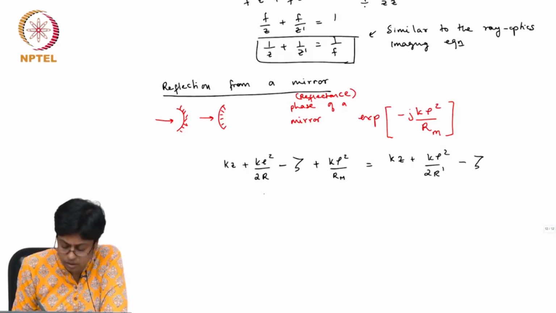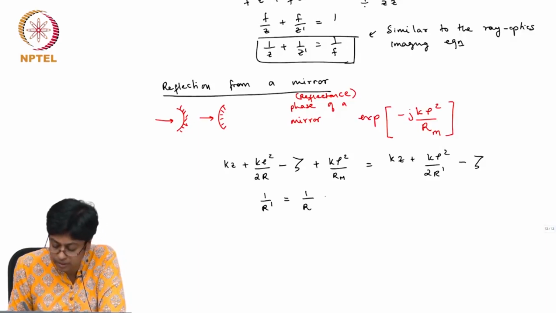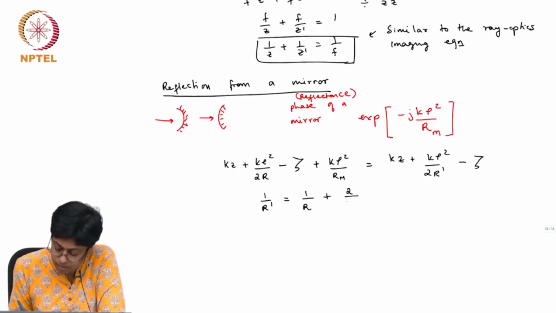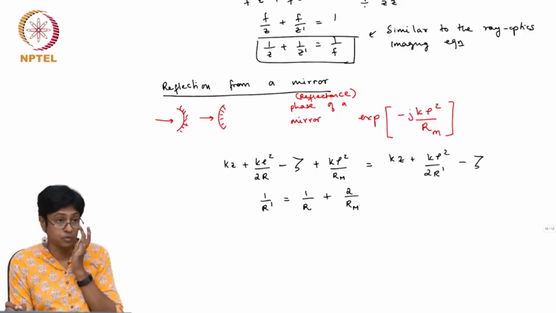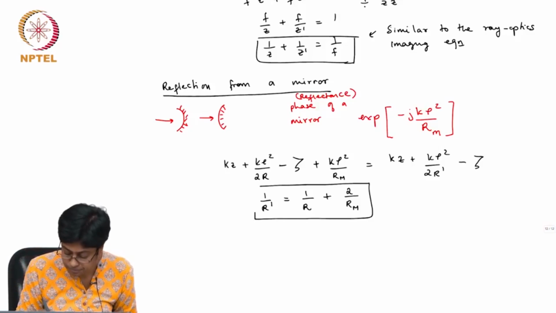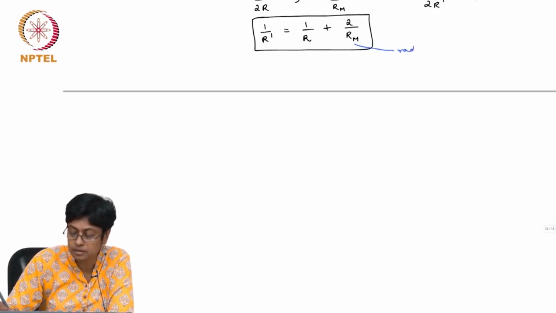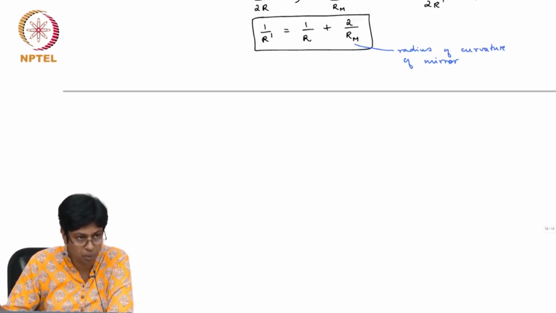In other words, the new radius of curvature is related to the old radius of curvature and the radius of curvature of the mirror. Just to be clear, this is the radius of curvature of the mirror that the Gaussian beam is incident upon.